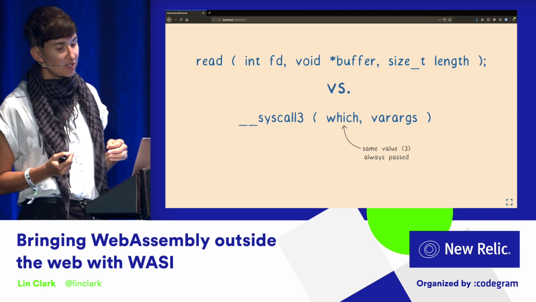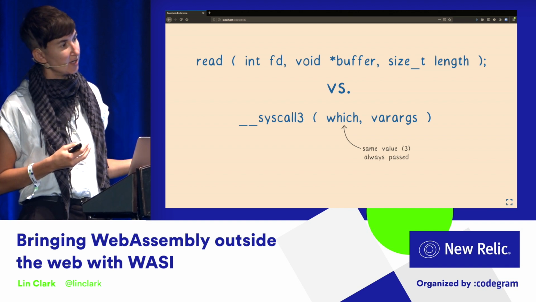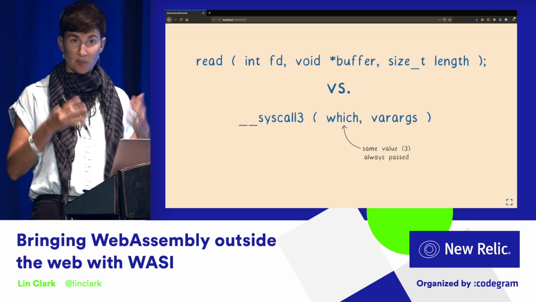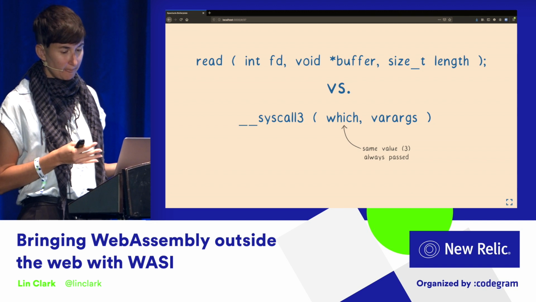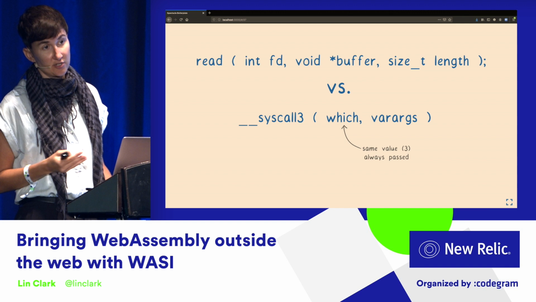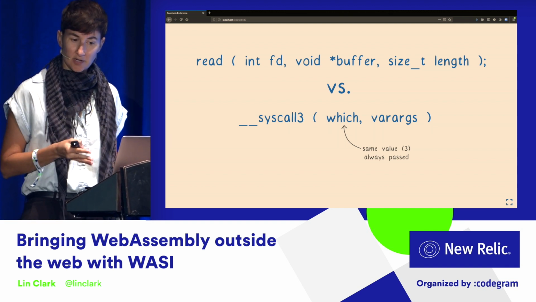But WebAssembly doesn't actually provide a way to pass in a variable number of arguments to a function. So instead, the arguments are passed in via linear memory, so basically via the heap. Now this isn't type safe, and it's also slower than it would be if the arguments could be passed in using registers. Now that was fine for Emscripten running in the browser.